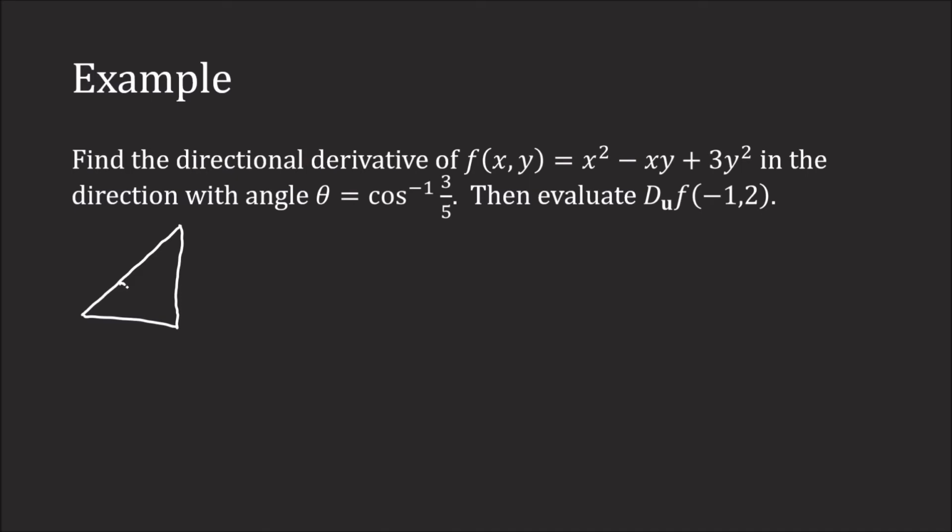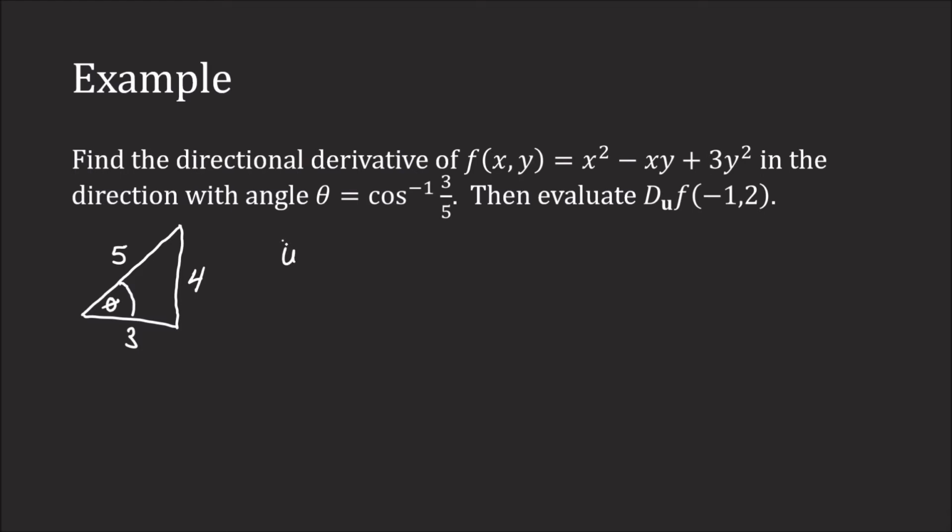So let's say this will be our angle theta here. So this is the inverse cosine of 3 over 5. So cosine of theta, remember, is adjacent over hypotenuse. So this would have to be 3, this would have to be 5. Well, this is clearly going to be a 3, 4, 5 right triangle, so that length is 4.